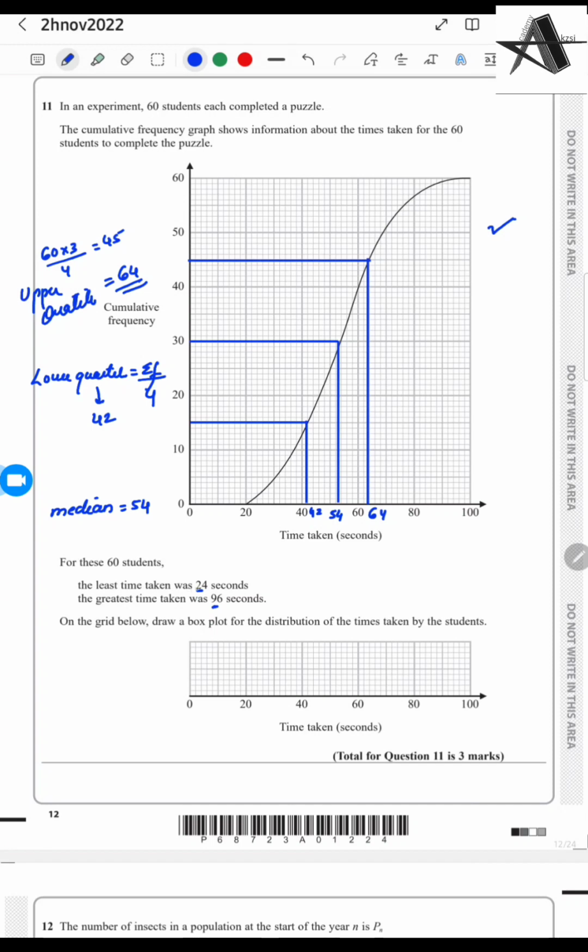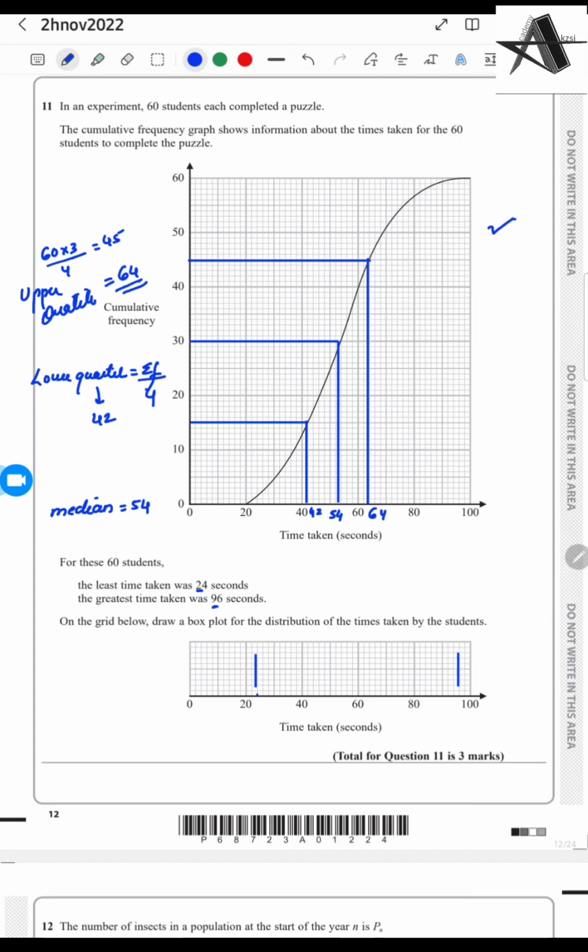I'll start with the minimum, which is 24. Each square on this box plot graph represents, sorry, 2 units. So 24 is going to be here. Highest is 96, so it's going to be 2 units before 100.